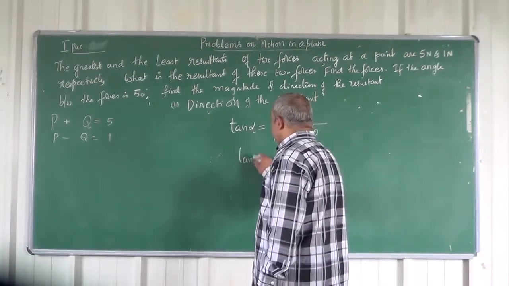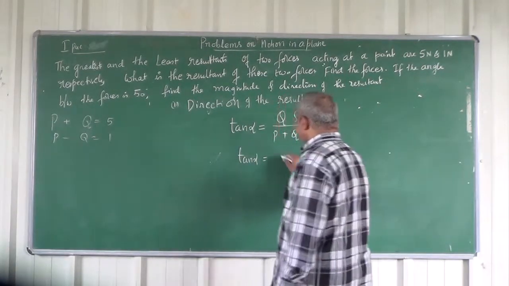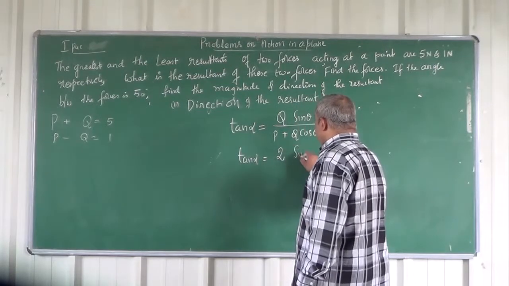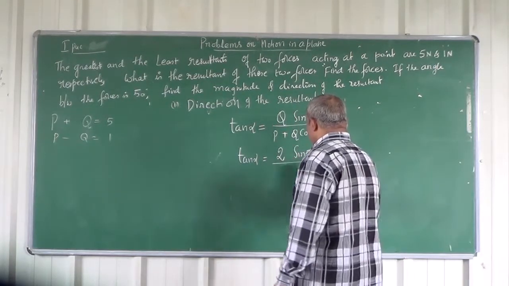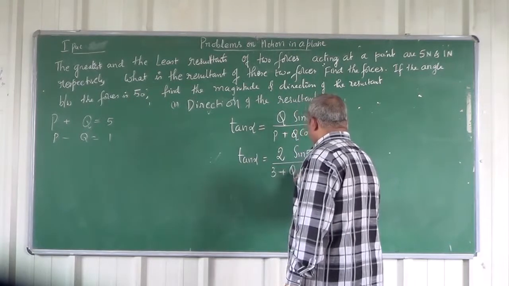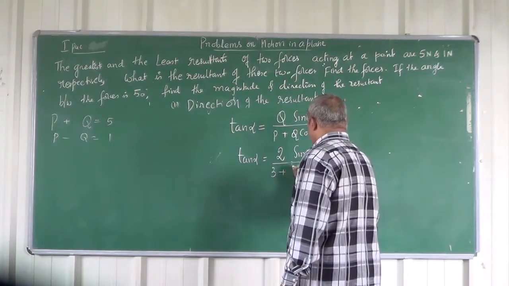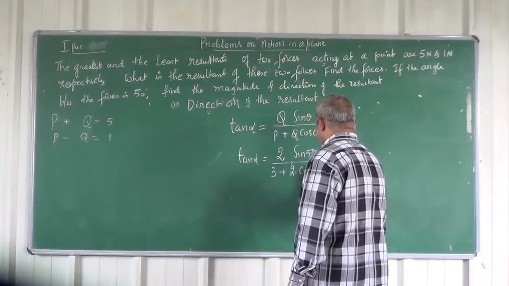So tan alpha is equal to 2 into sin 50 divided by 3 plus 2 into cos 50.